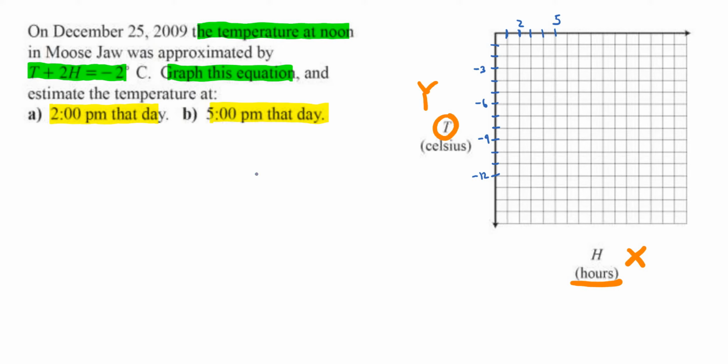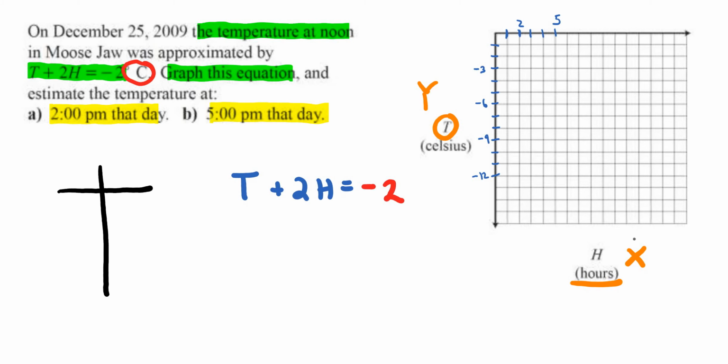Okay, so here's my equation. Temperature plus 2 times hours is equal to negative 2 degrees Celsius. All right, so I don't care about this degrees Celsius part. I'll just leave it as negative 2. And then let's go ahead and construct a table of values here. I know that my x variable is represented by hours, so I'll put my hours here first. And that means my temperature, which is my y variable, I will put right here as t.